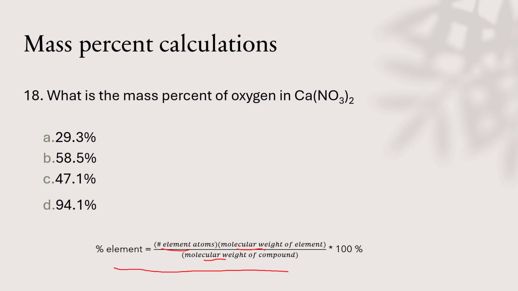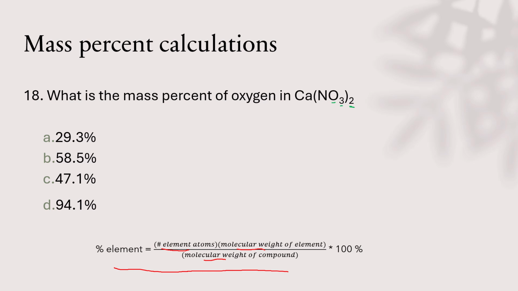So let's look and see how we're going to do this. All right, first off, the number of element atoms. So we're talking about oxygen here. So we see oxygen has a subscript of 3, but notice it's part of a polyatomic and it's inside of parentheses. So there isn't just 3 oxygens, there's actually 6. And I know this because of this 2 on the outside of the parentheses. That 2 is saying there are 2 NO3s.